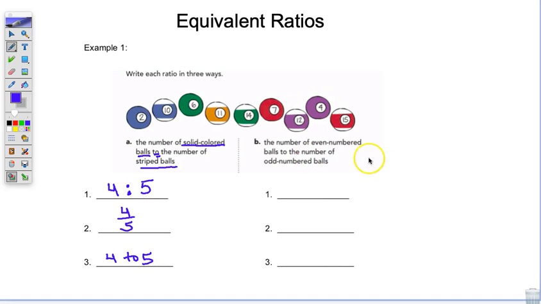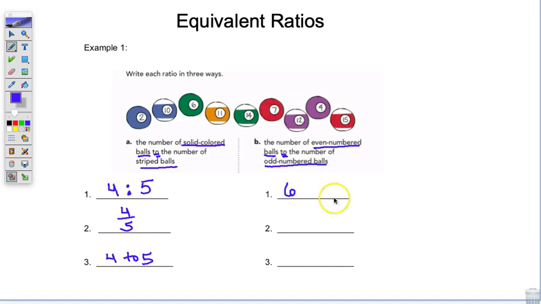In example B, it says the number of even numbered balls to the number of odd numbered balls. You probably want to identify the word to in each example because that is really important in putting these in the correct order. Since even numbered is coming first, if I count those, I have 1, 2, 3, 4, 5, and 6.